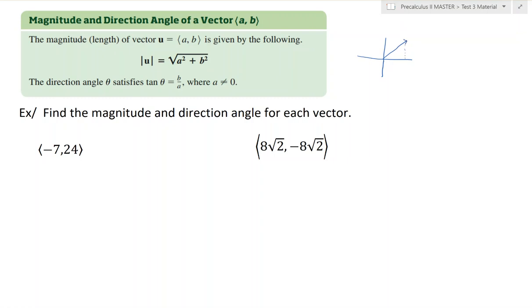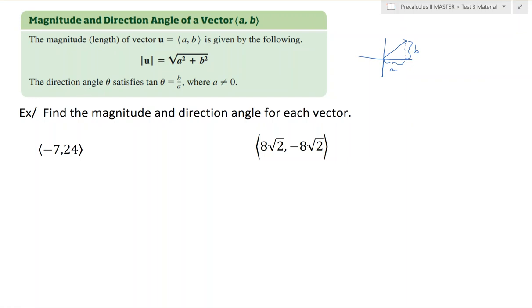We have this being a, and we have this being our b, and so our magnitude is the length of this hypotenuse of that right triangle. So this is just the Pythagorean theorem working for us here.